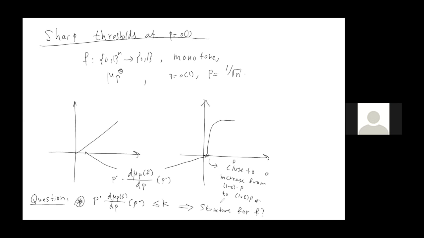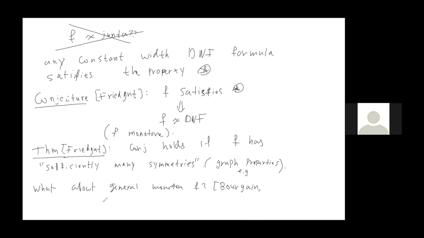Okay, cool. Yeah, so this is how you should think about it, but formally you multiply by p. Yeah, so there are some partial results about the general problem. One of them is due to Bourgain, another one is due to Hatami. So I'm going to tell you what is the result of Bourgain, and then I'm going to tell you what it lacks and what we improve.